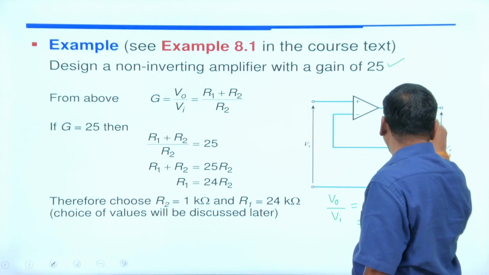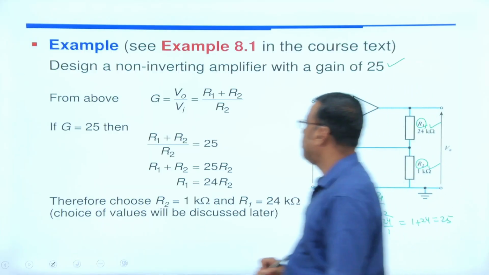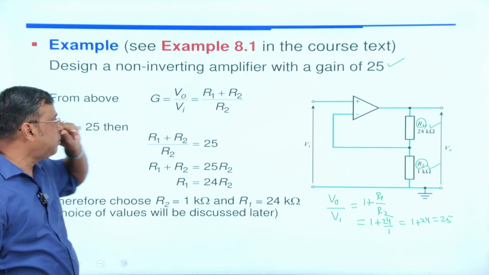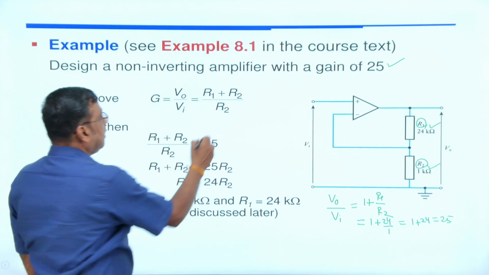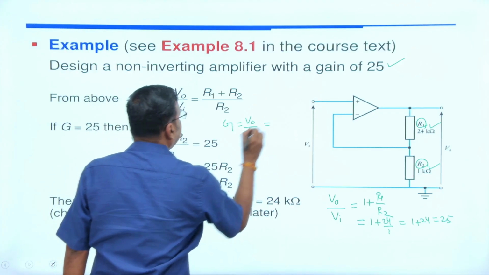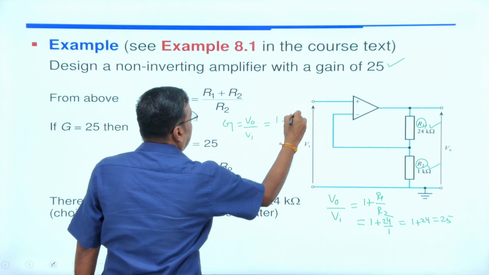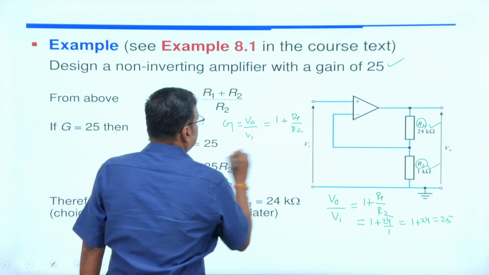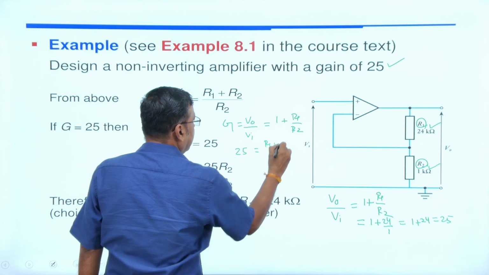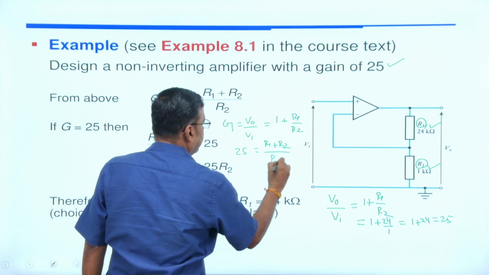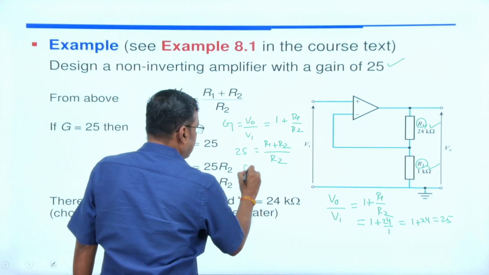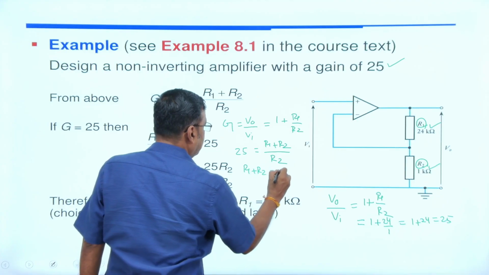How to calculate R1 and R2? As you know, the gain is 25. Our formula: gain G equals V0 by Vi, which is 1 plus R1 by R2, that is R1 plus R2 by R2. So 25 equals R1 plus R2 by R2, or R1 plus R2 equals 25 R2.